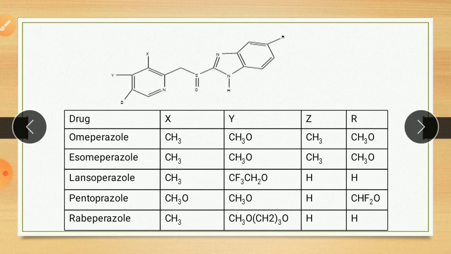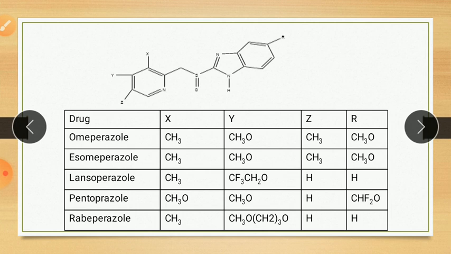Then the next point is the proton pump inhibitor which inactivates cysteine 822. So the drug which inhibits cysteine 822, like pantoprazole, shows the longest duration of action because this cysteine at 822 is present on the transport domain and therefore requires a number of days to replace after damage.